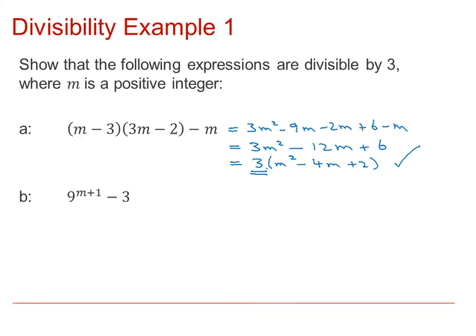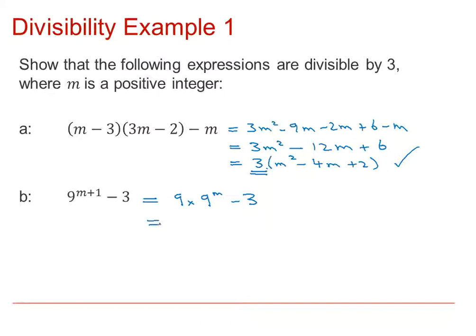And in this second example, 9 to the power m plus 1 minus 3. Again, to prove it's divisible by 3, we need to just rewrite the algebra. So using my laws of indices, I'm going to rewrite the first term as 9 times 9 to the power m, minus 3.